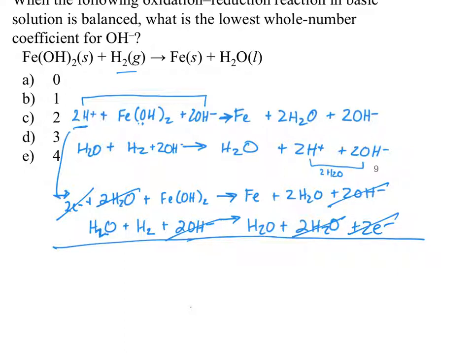And we're going to have this water and 1 of these. So we'll end up with iron hydroxide plus H2 forming the iron plus 2 H2O.